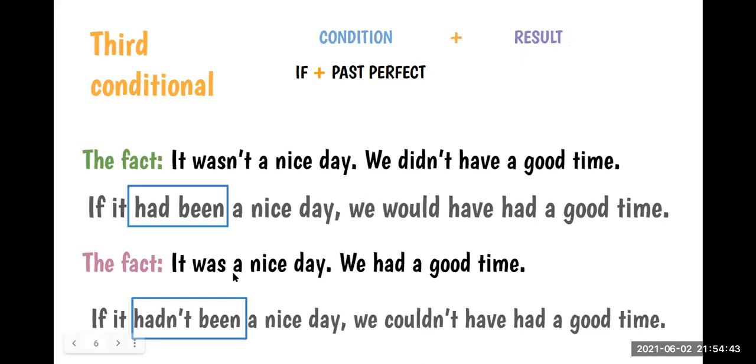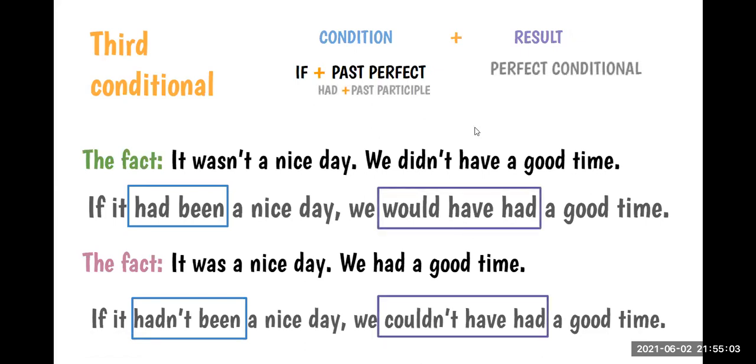What tense do we use in the result? Would have, might have. Okay, yes. Good. This is called the perfect conditional. Okay, the perfect conditional is would have, could have, and the past participle. So remember the perfect conditional.